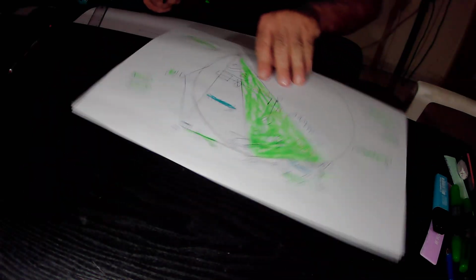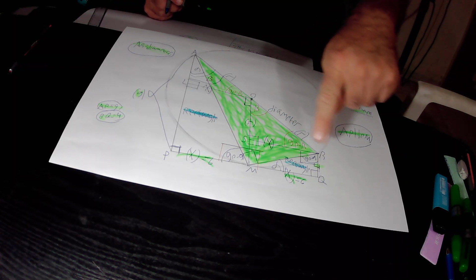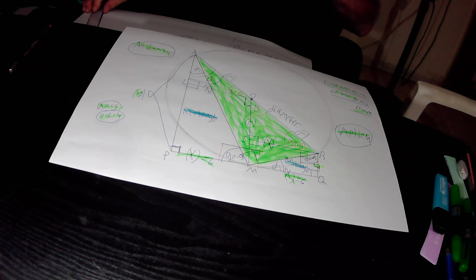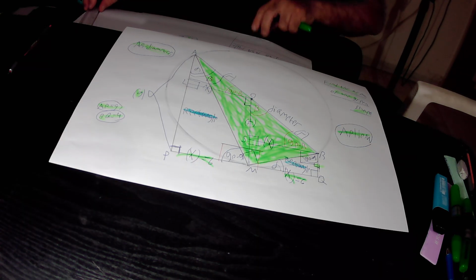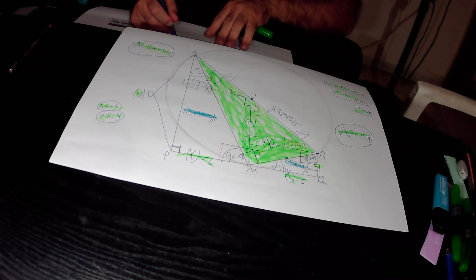In the next step, we'll implement the Pythagoras theorem on this small right triangle BMQ. According to the Pythagoras theorem, in any right triangle, the square of the hypotenuse equals the sum of the squares of the perpendiculars.